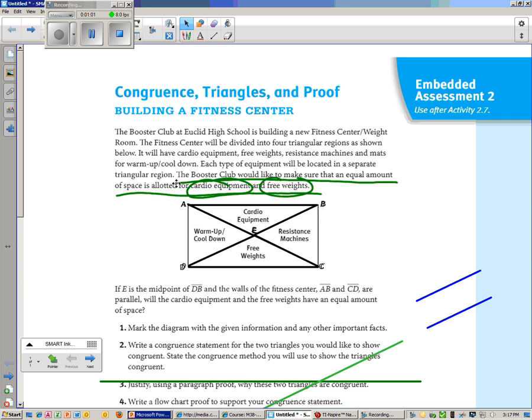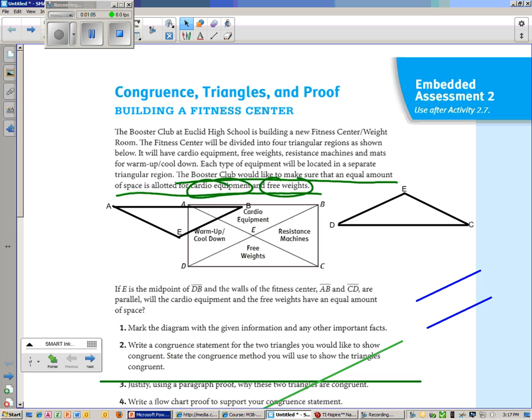So you're proving these two triangles congruent. All right? Hopefully that helps. And you're going to be using your congruency statements, which are ASA, SAS, SSS, or AAS to help you do that. Now, with the given information, you should be able to do problem number 1.